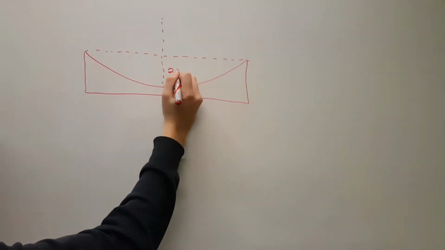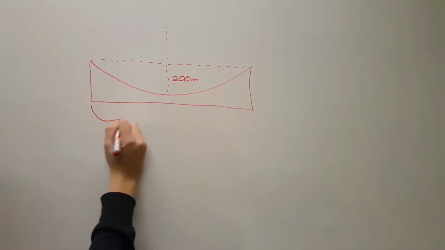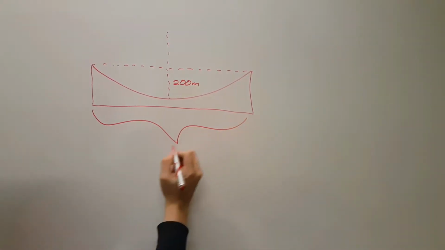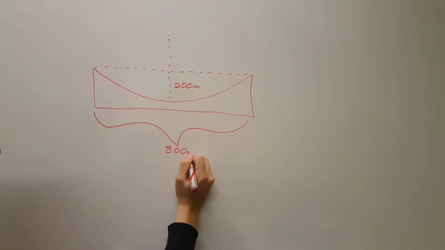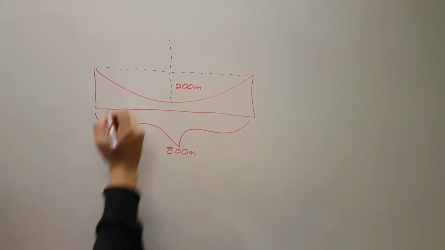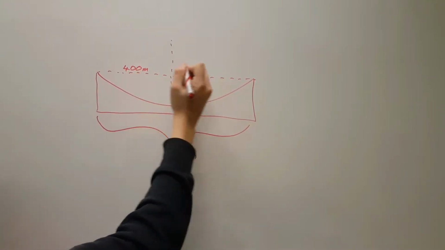Looking at our bridge, we know the lowest part of our cable is 200 meters below the top of the towers, and our bridge has a length of 800 meters, and thus either side equals 400 meters.